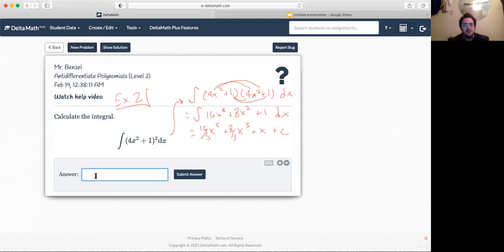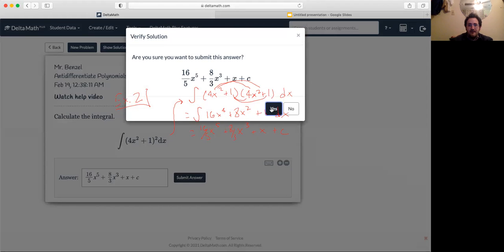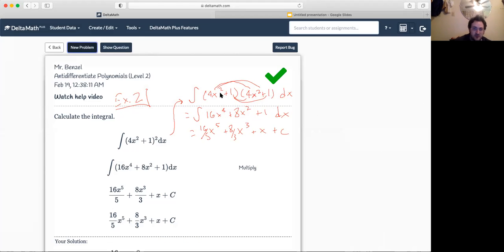And we'll just write the answer out. So I got 16/5, and then push the arrow key to get the stuff out of the fraction. And if you do the caret key, it will get that exponent in nicely. And then we're good.